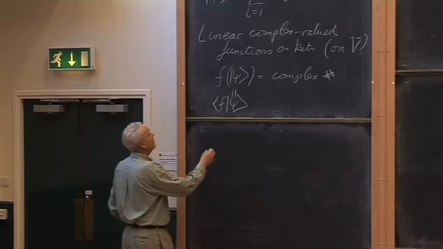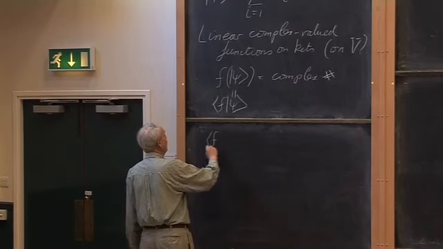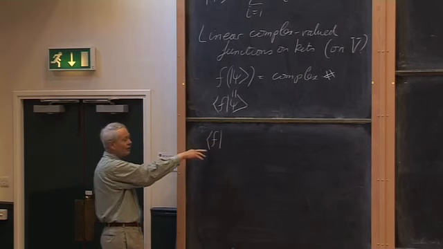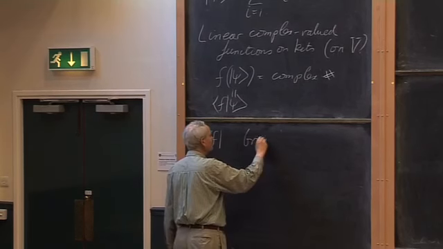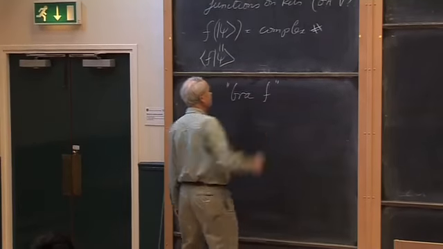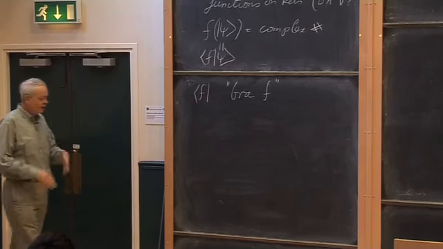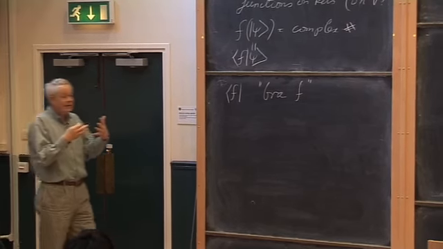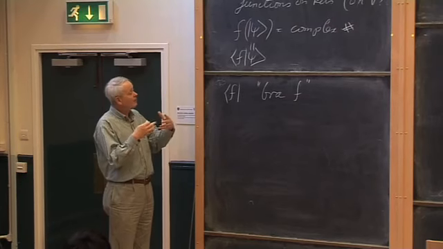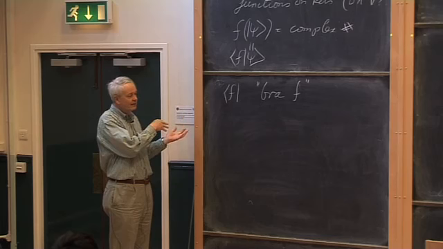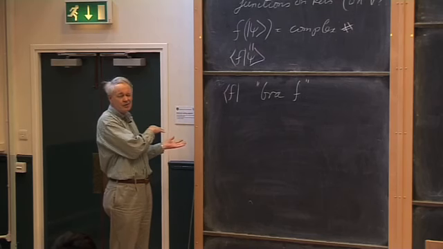And this gives us the idea of saying that f, so this thing is a linear complex valued function, is called the bra f. So we've got kets, which define dynamical states of our system, and we've got bras, which are functions on the dynamical states of the system, which extract the all-important amplitudes.